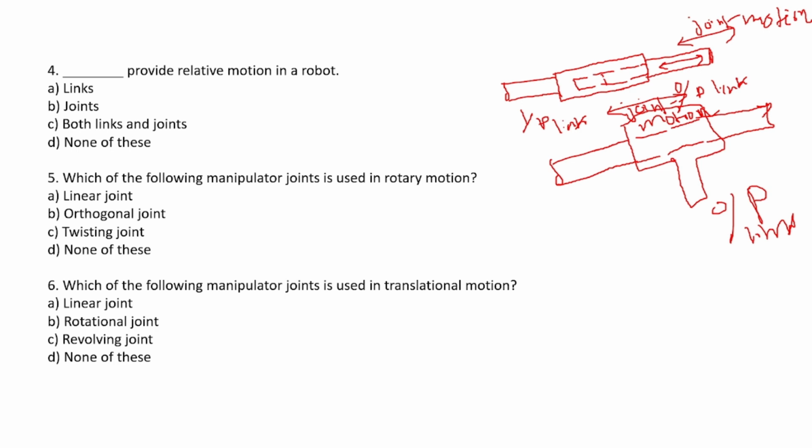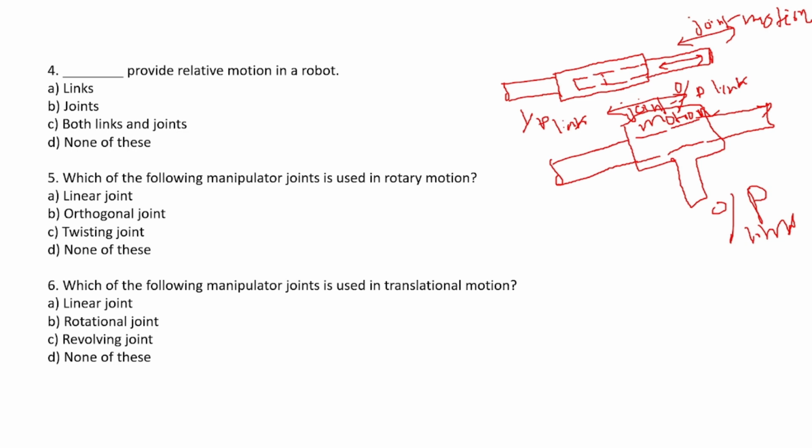Okay, so here one question is given as fill in the blank: blank provides relative motion in a robot. In robotics, joints, as we have already discussed, are mechanical components that allow relative motion between adjacent links in a manipulator.